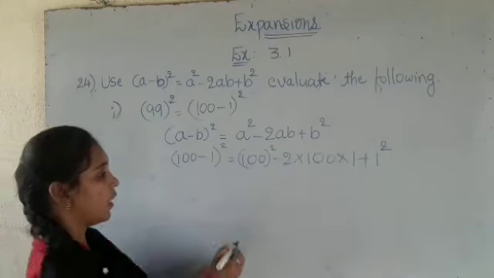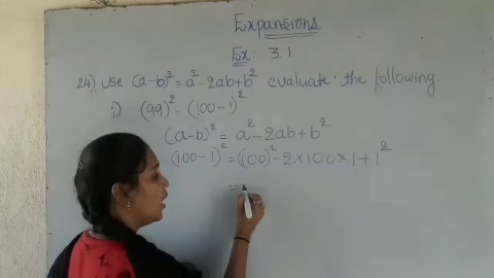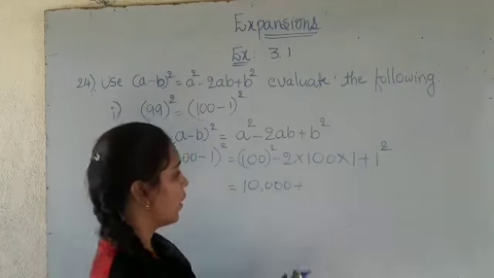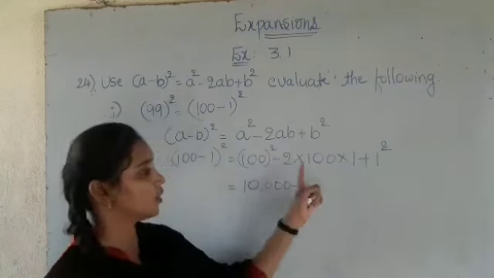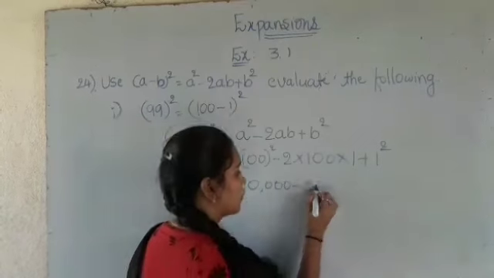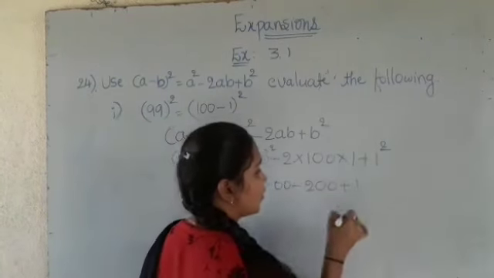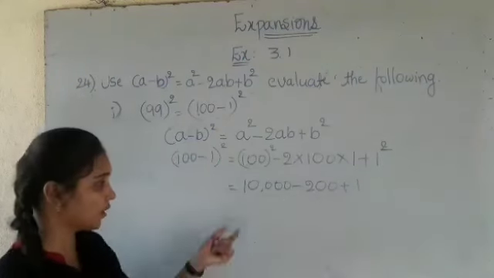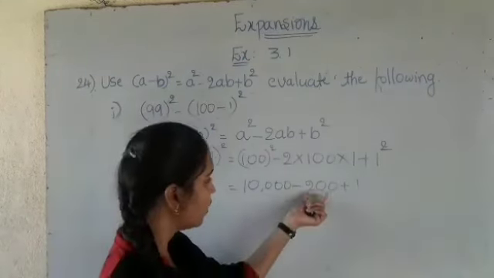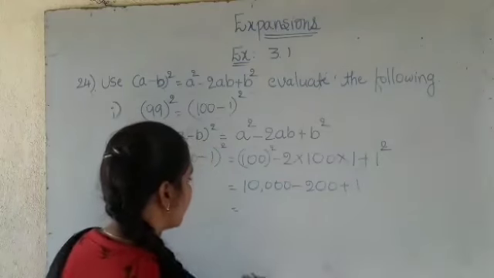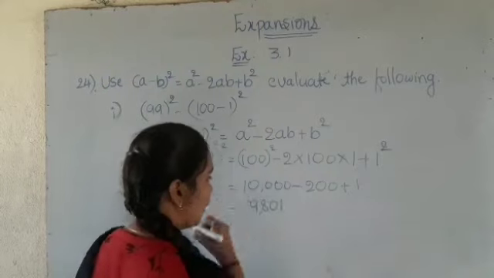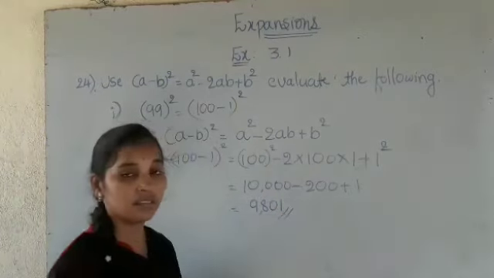What is the value of 100 square? 10,000. Then minus 2 into 100 into 1 is 200, plus 1. So 10,000 plus 1 is 10,001, minus 200 is 9,801. So this is the answer.